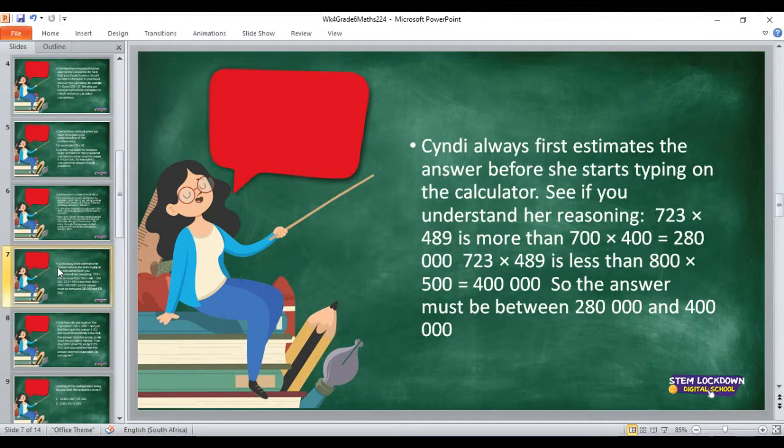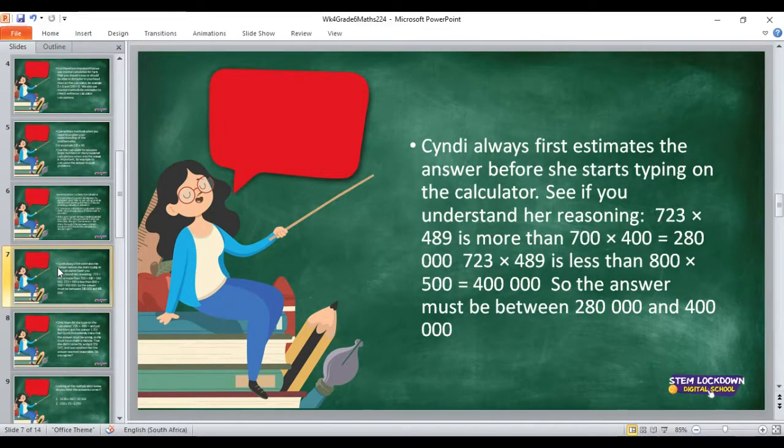723 multiplied by 489. Now I must use the estimation which is above the number that I'm given. Let me take 800, because 723 is less than 800, and 500 is more than 489. So she calculates 800 multiplied by 500.